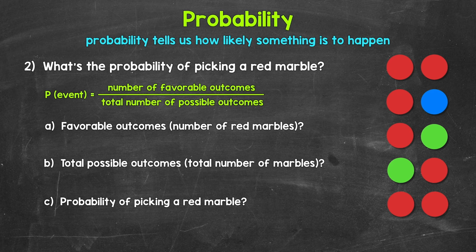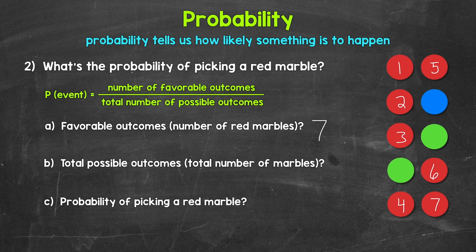Well, as far as our favorable outcomes, we could pick red marble number 1, 2, 3, 4, 5, 6, or 7. So there are 7 red marbles. That means we have 7 favorable outcomes, 7 ways that we can end up picking a red marble.